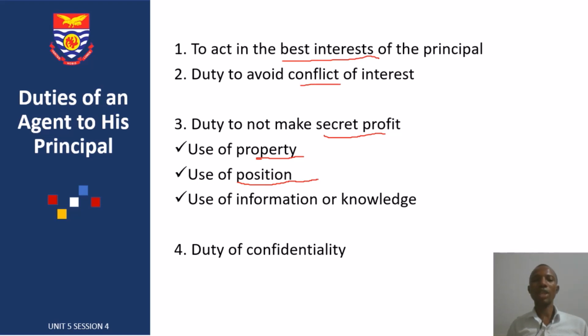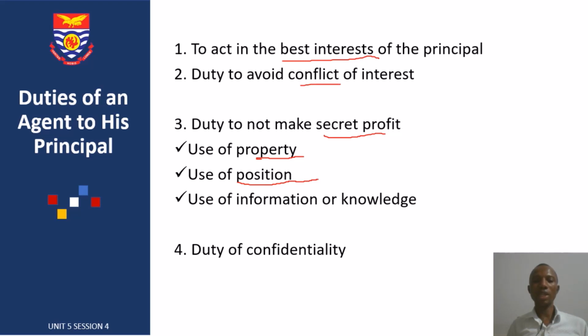Duty of confidentiality. As an agent, you owe a duty to your principal not to disclose any information that has come to you as a result of you acting for him as an agent, subject to certain exceptions.